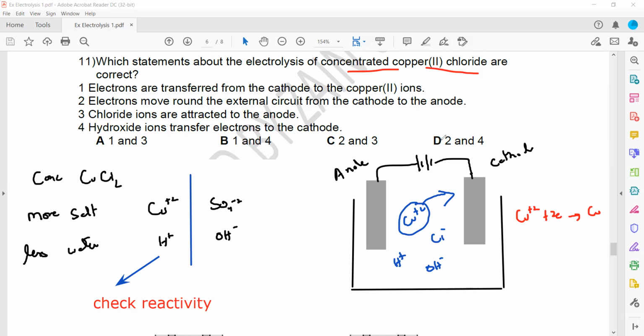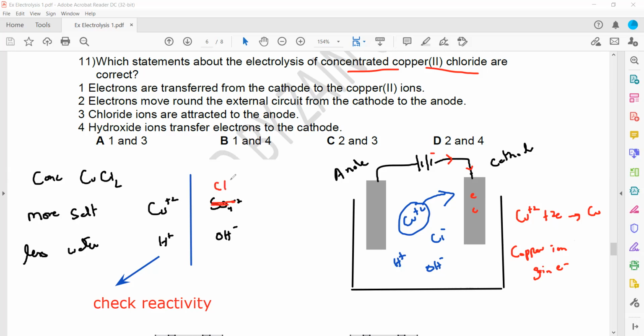In terms of electrons, from the negative terminal, electrons will come, and the copper ion gains electrons. So the copper ion is gaining electrons and turns into a copper atom. Then for negative ions, here by mistake I wrote sulfate.